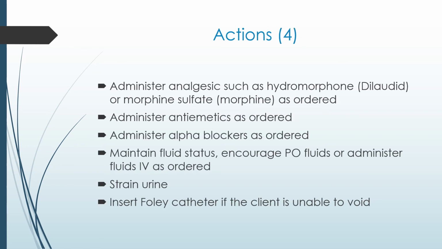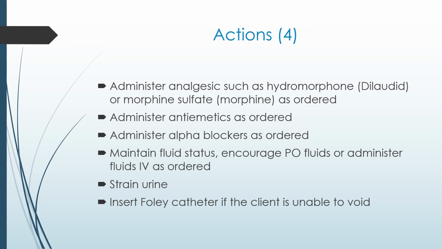Actions. What are we going to do? We are going to administer analgesics, such as Dilaudid or morphine, as ordered. We are going to administer antiemetics, as ordered. Alpha blockers, as ordered. And we are going to maintain a fluid status, encourage PO fluids, or administer IV fluids as necessary and as ordered.